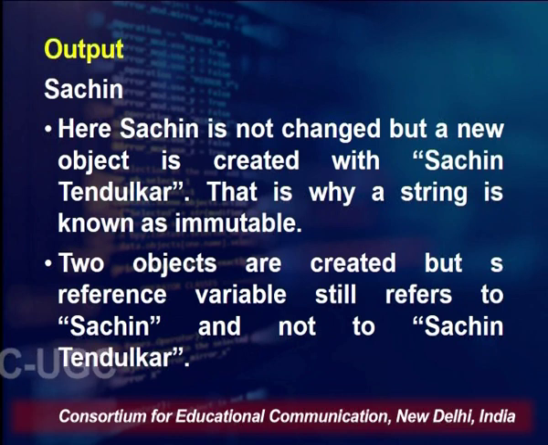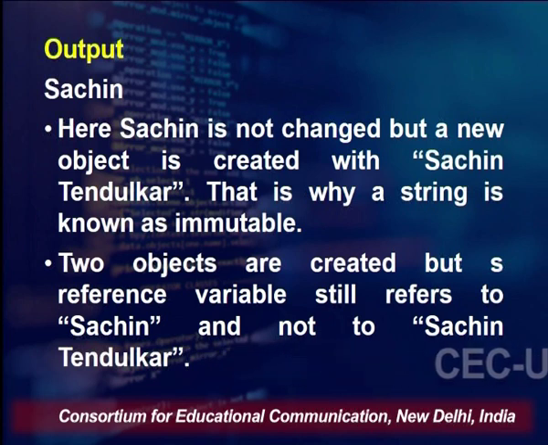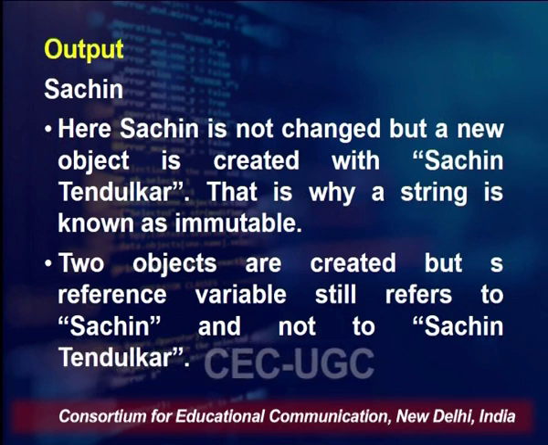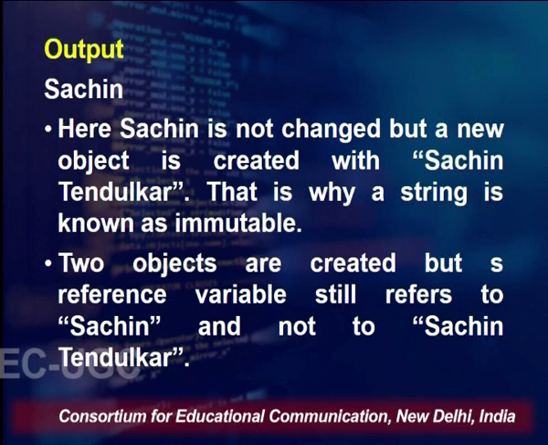It is not changed because a new object is created with the string literal Sachin Tendulkar, but the s variable is actually referring to Sachin only, not to Sachin Tendulkar. So, two objects are created, but the s reference variable still refers to Sachin.